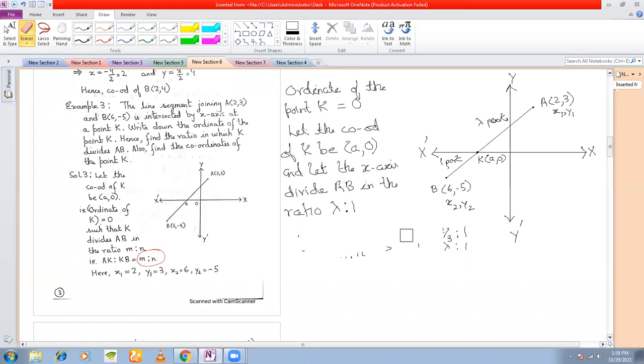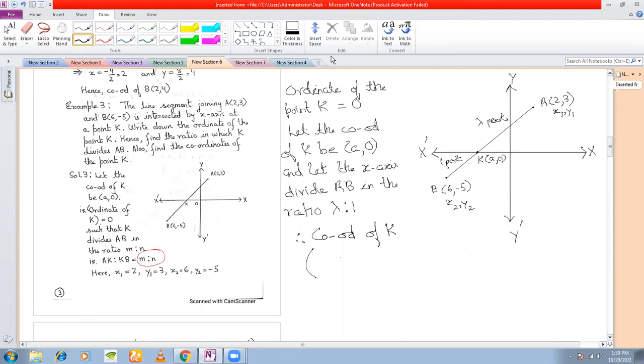Okay. So now if I take the ratio as lambda is to 1, let us find out the coordinates of K from the section formula. Now I'm sure you are conversant with the formula.